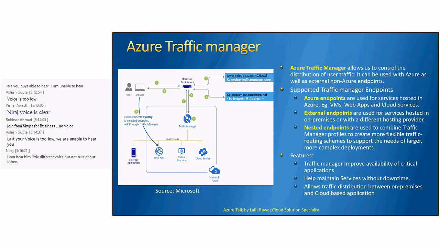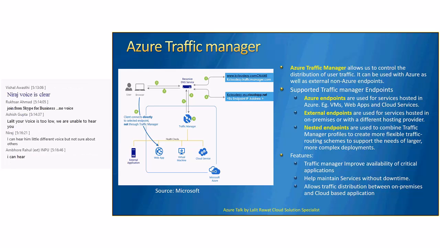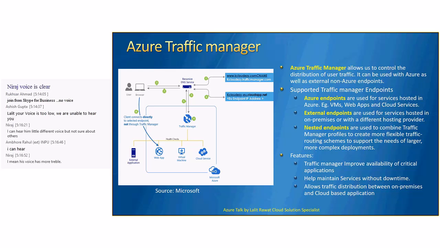And the nested endpoint will be used in a more flexible environment. Suppose you have a bunch of services in Azure and a bunch of services in your on-premises, and you have a complex network, and you need to route the traffic between them over the internet, and you don't want your products and applications to be harmed or hampered.